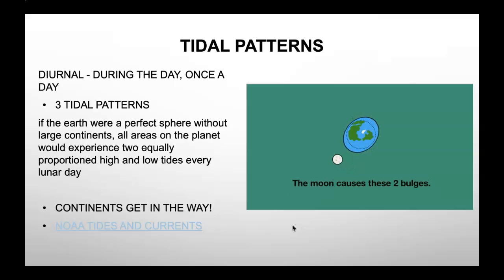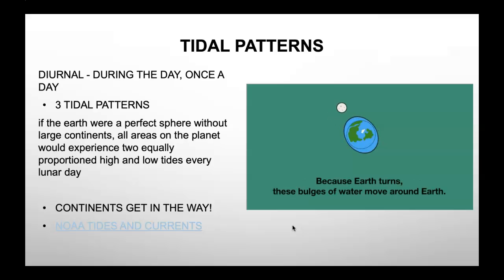The moon causes these two bulges, and it would do so even without the sun and even without the rotation of Earth. Because Earth turns, these bulges of water move around Earth, or rather, Earth moves underneath them. When there's no bulge, it's low tide. And when there is a bulge, it's high tide.